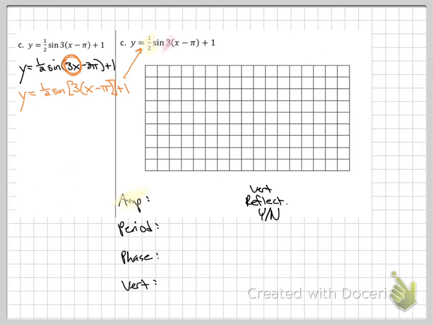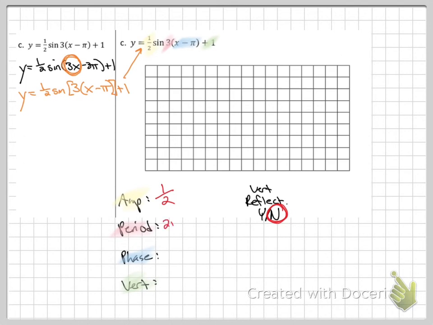Now we have a B value. We have minus h in the parentheses, and our phase as the constant. So the amplitude, the A value, is positive 1/2. That means the amplitude is 1/2 and there is no vertical reflection because it's positive.